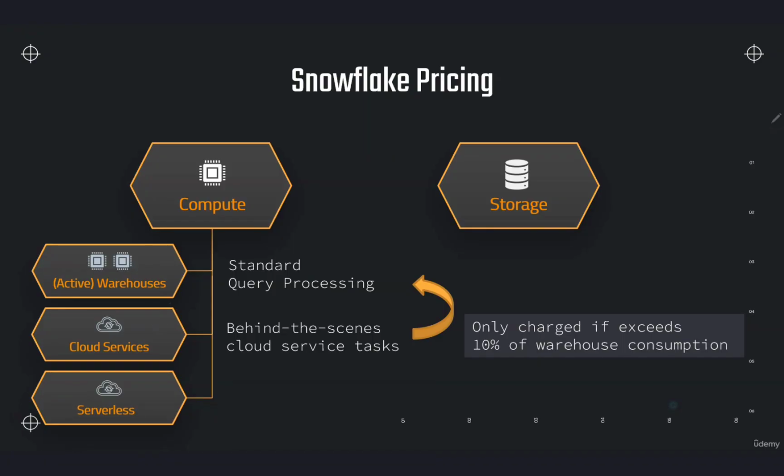These are also some warehouses that are needed for some specific features like automatic reclustering, search optimization, and Snowpipe. And here it makes sense for those features that we also need some compute, but that it's managed by Snowflake.